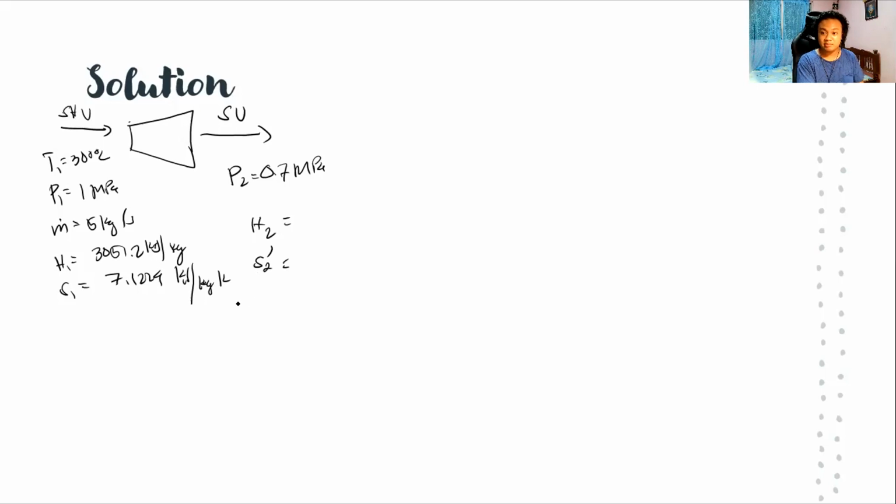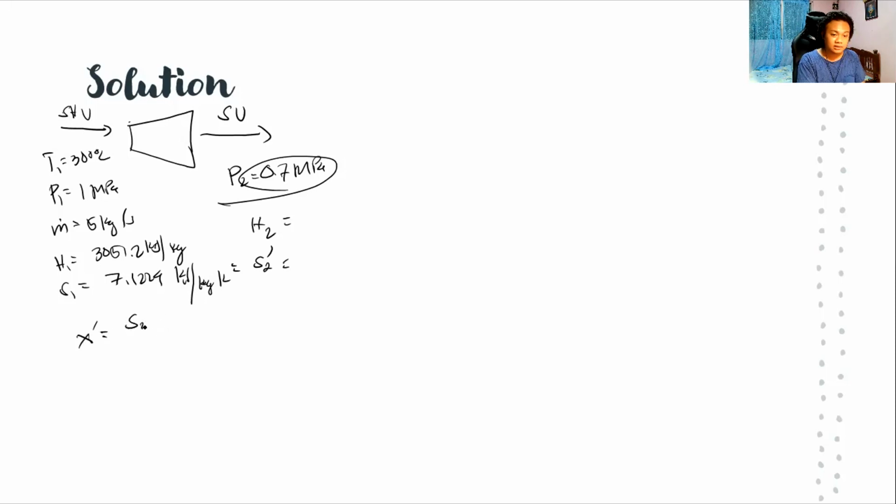So S1 is equal to S2 prime. So the next step is to find the quality of this steam at 0.7 MPa. This is the isentropic quality of the steam.